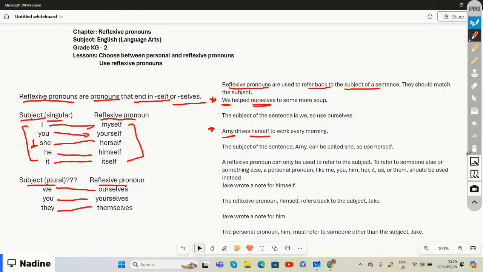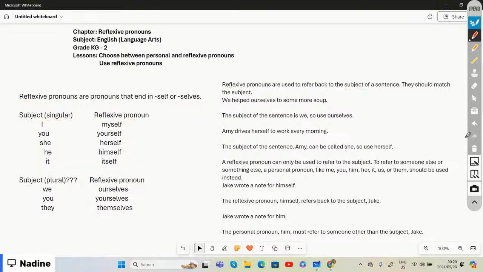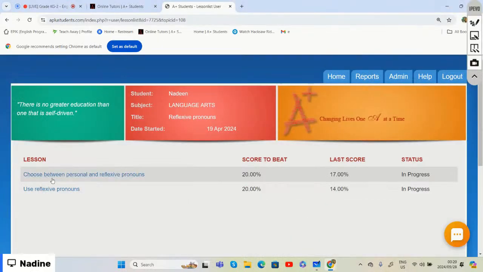And remember, your reflexive pronoun needs to refer back to the subject.